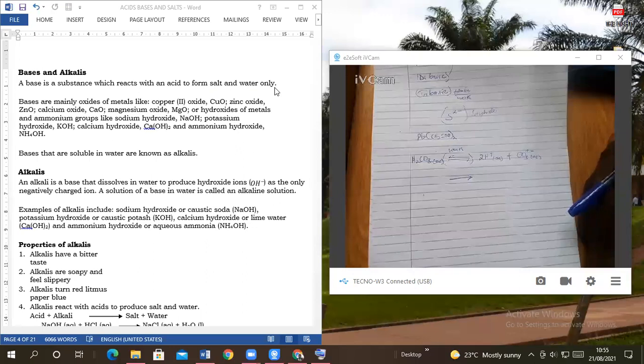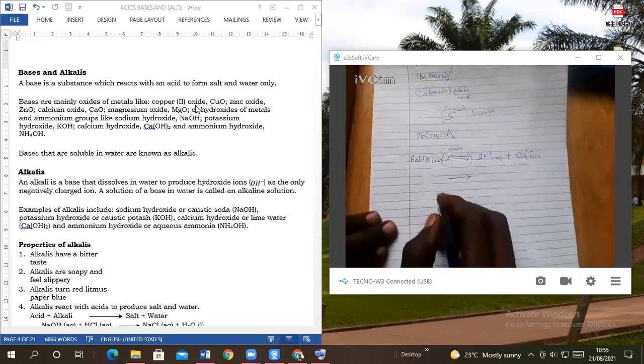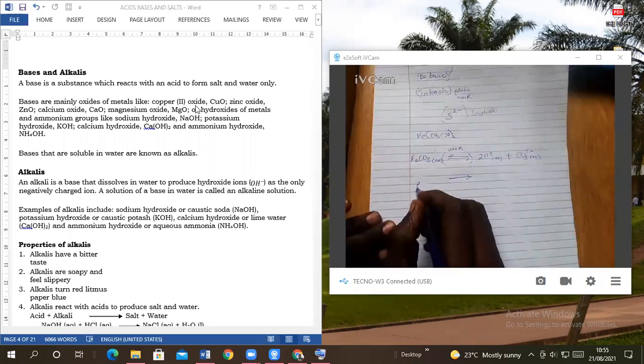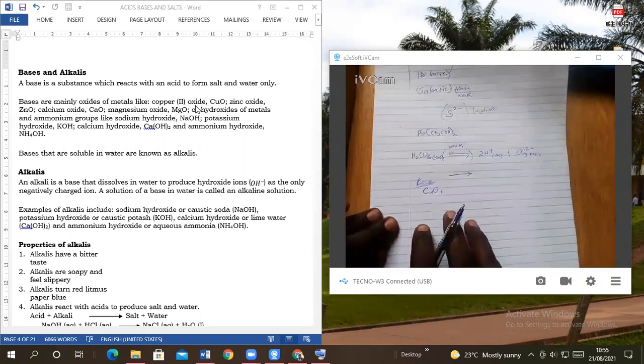Only an acid produces hydrogen ions. A base reacts with an acid to form a salt and water only. Bases are mostly oxides of metals, like copper(II) oxide. That is a base.